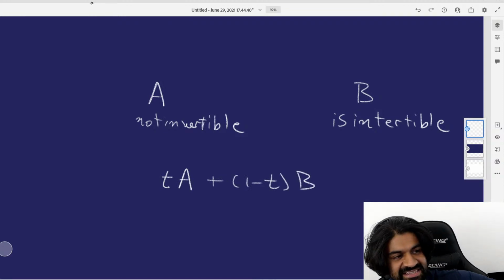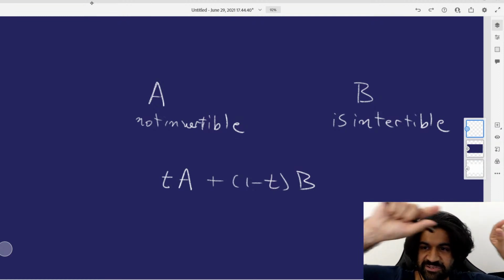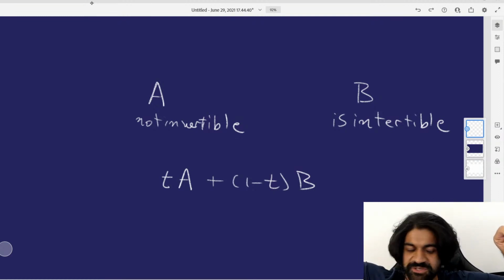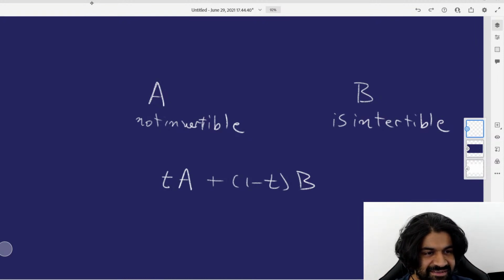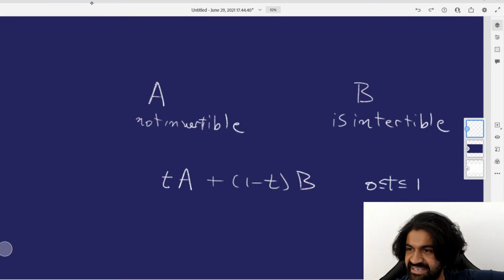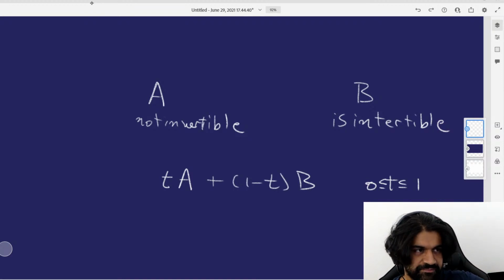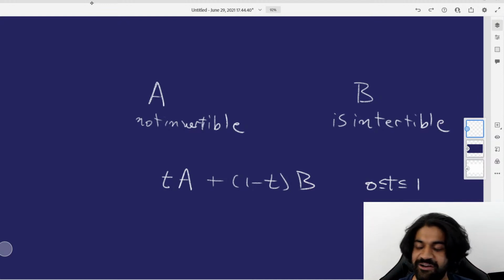So the idea is that you pin each entry of A to each entry of B, draw the line segment between those two entries, and slowly modify from A to B. Remember, t goes from 0 to 1. Let me know if this idea of making a line segment between two matrices in Rn squared is clear. If that doesn't make sense, just think about making a line segment between each of the entries of A and each of the entries of B.